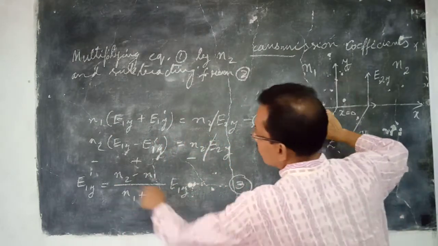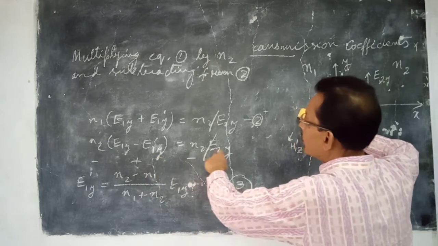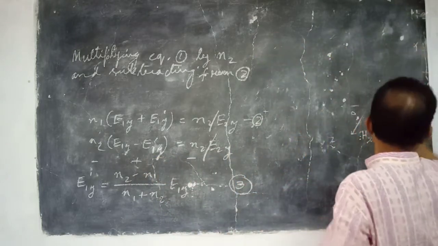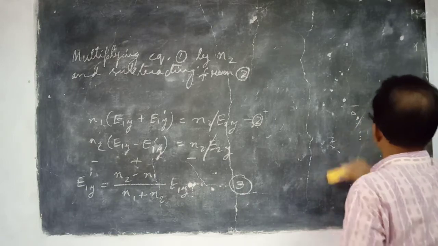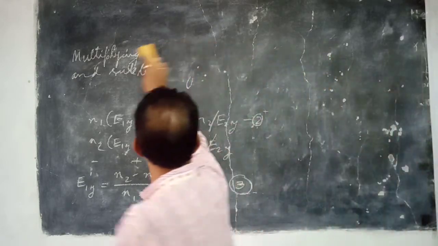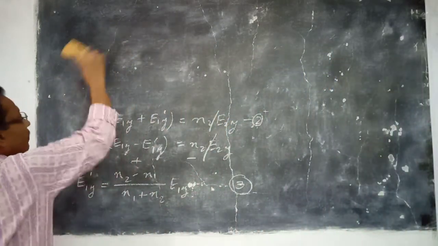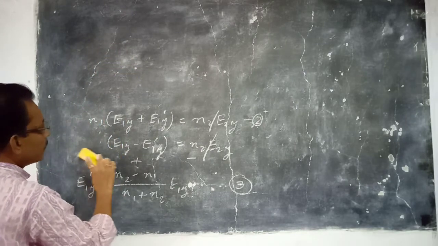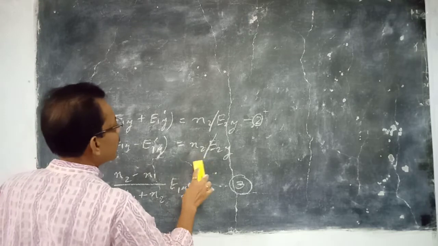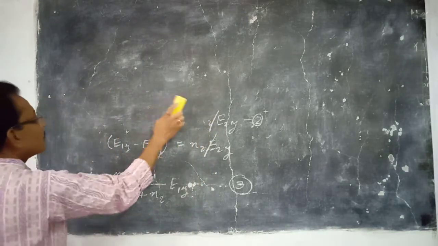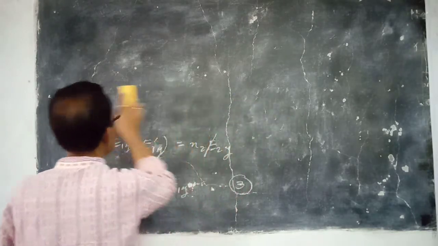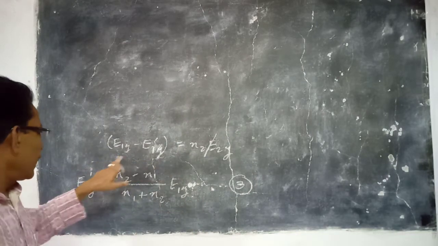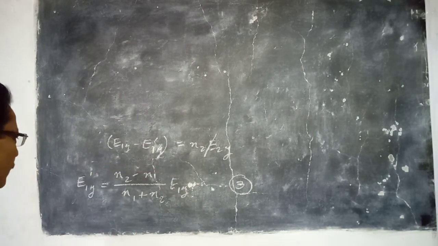Now, if you substitute this value of E1y prime into equation number 1, E1y prime will be eliminated and you get a relation between E1y and E2y.